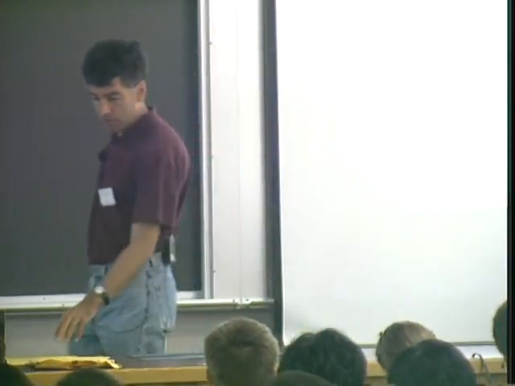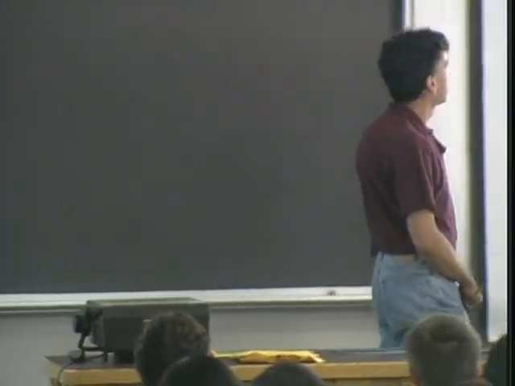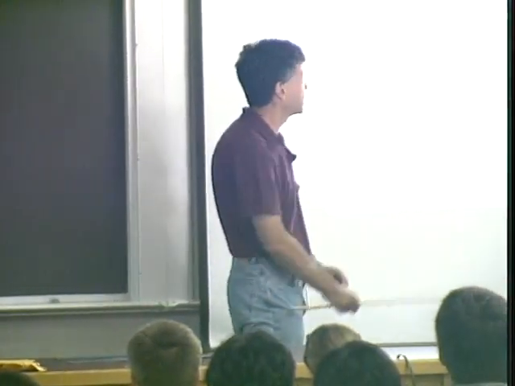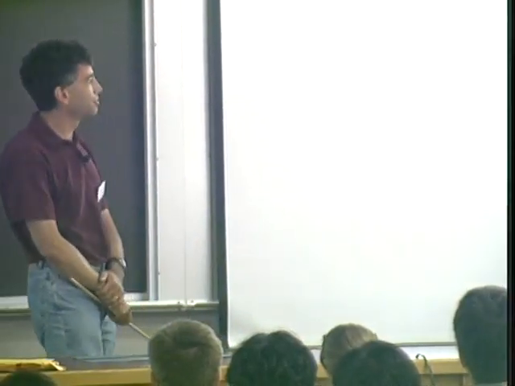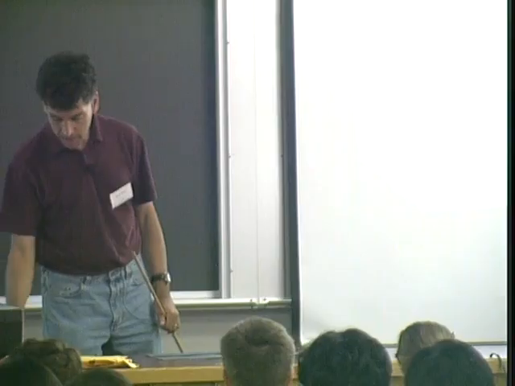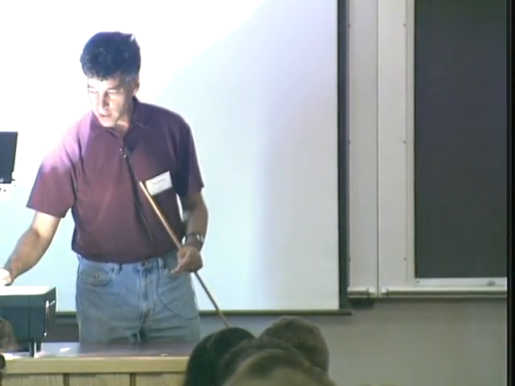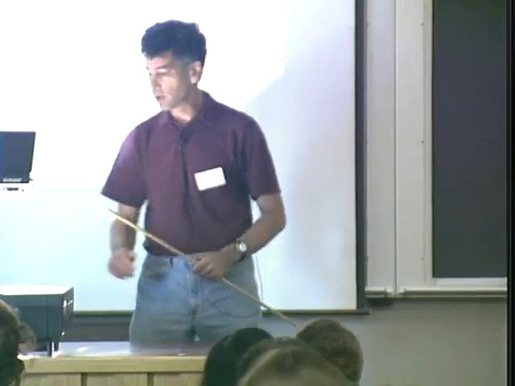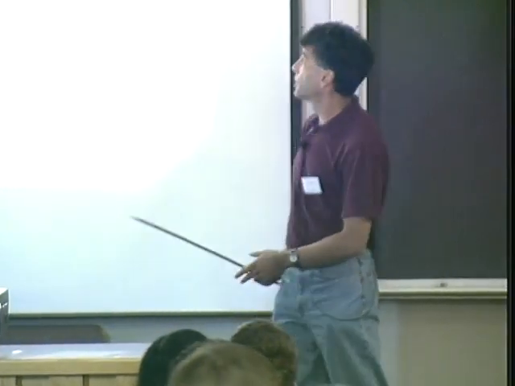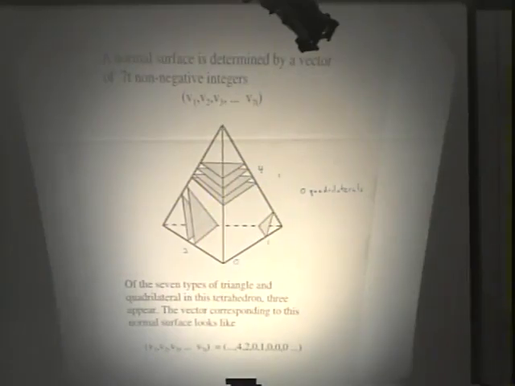To do that, we noticed that there's 4 types of triangles and 3 types of quadrilateral up to deformation in every tetrahedron. And we can completely determine a normal surface just by counting how many of each of these things there are. So for example, in a particular tetrahedron that's shown here, there's 4 triangles of this type, 2 of this type, and 1 of that type.